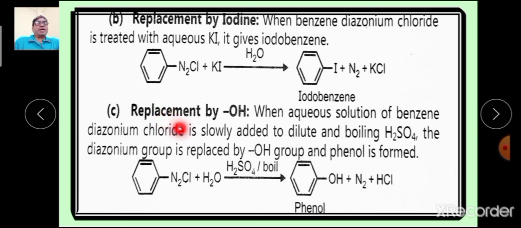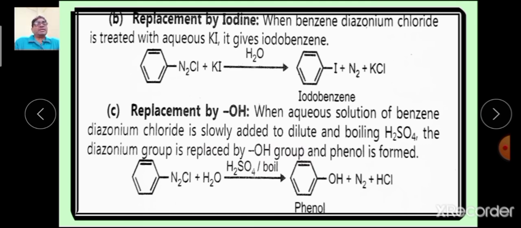Replacement by OH group, that is phenol, is formed when an aqueous solution of the salt is slowly added to dilute and boiling sulfuric acid. The diazonium group is replaced by hydroxyl group, and thus phenol is formed.